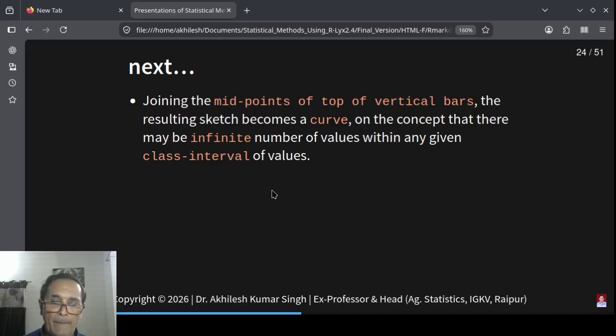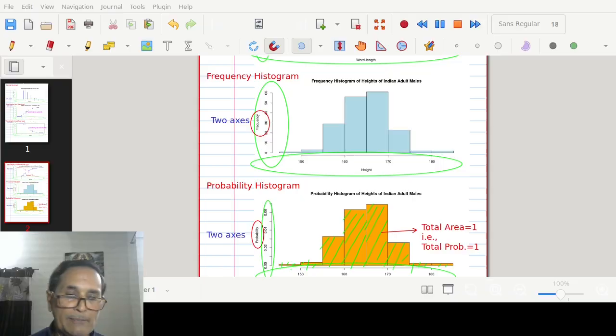What do we mean by it? Let me go there. Beforehand I will show you, when we join the midpoints, these are the midpoints. If we join the midpoints of these vertical bars, corresponding to the mid values of the class intervals, then we have a curve. This is what we mean.